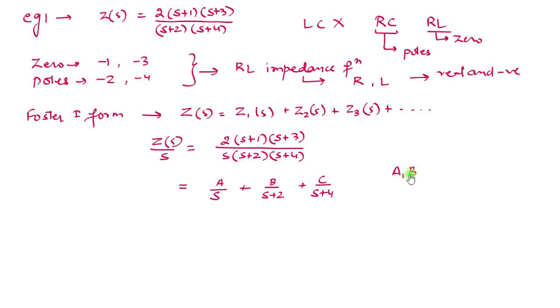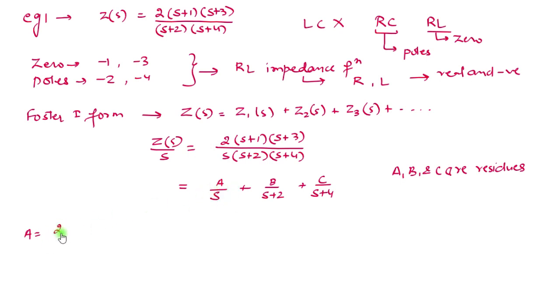So I can calculate a, b and c using the residue theorem. So a will be equal to the given network function times the pole.